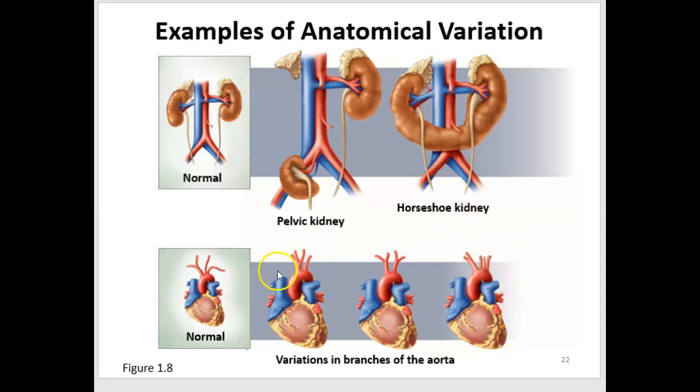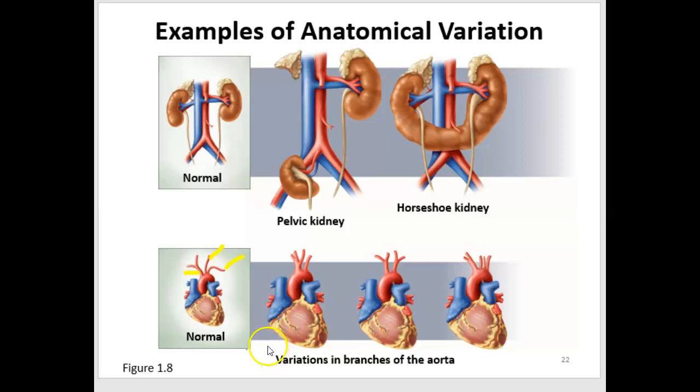And then the really common variation that I mentioned before has to do with how vessels branch and reach their targets throughout the body. So normally what we see from the heart is a very large artery called the aorta. You might have heard of the aorta before. Normally this arched vessel has 3 major branches coming off of it. You'll learn the name of those in A&P 2.